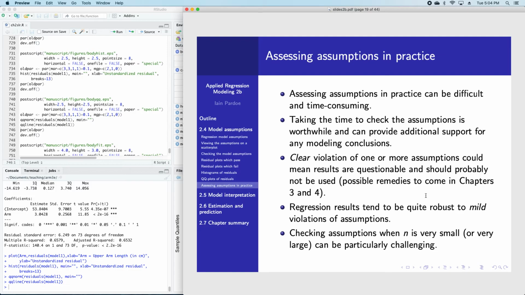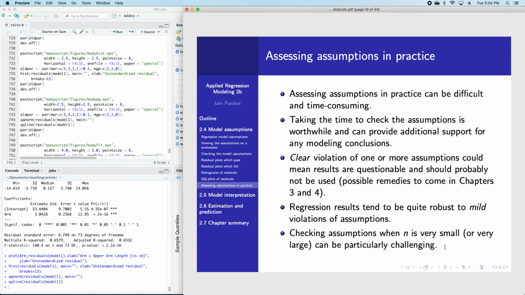We'll talk about what you can do if you find clear violation of one of the assumptions later on in the course. And one thing to keep in mind is that regression results are actually quite robust to mild violations of the assumptions. Things only tend to go really wonky if you've got a very serious violation. Mild violations tend to be fine though.